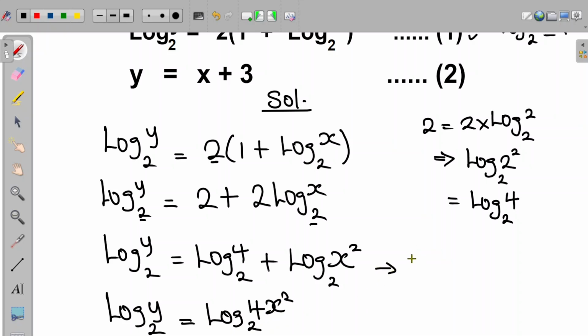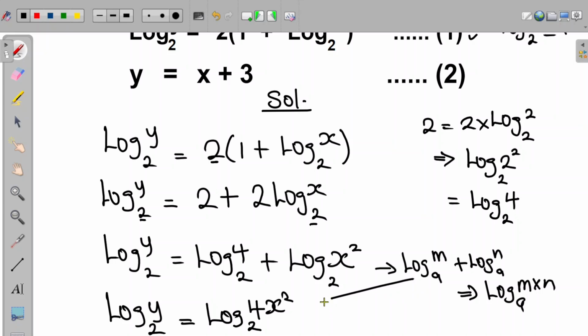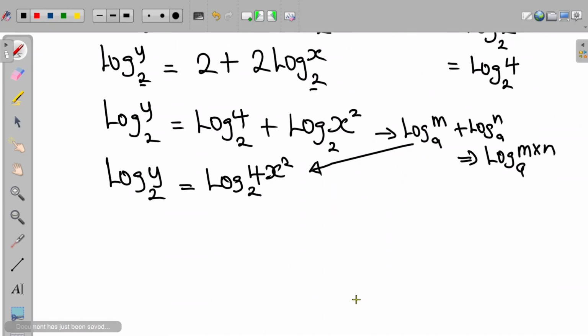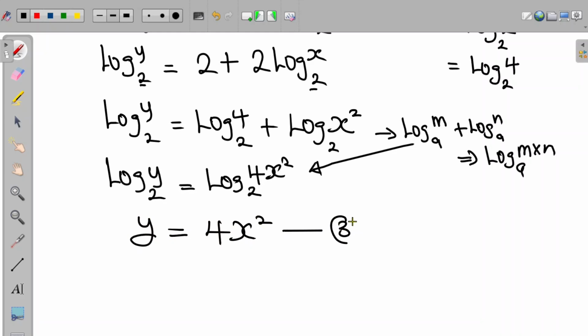Please recall that the law states that if I have log m in base a plus log n in base a, this can be expressed as log m times n in base a. So this law was applied at this point. Thus, since their bases are the same, we can have that y is equal to 4x squared. Let's call this equation 3.